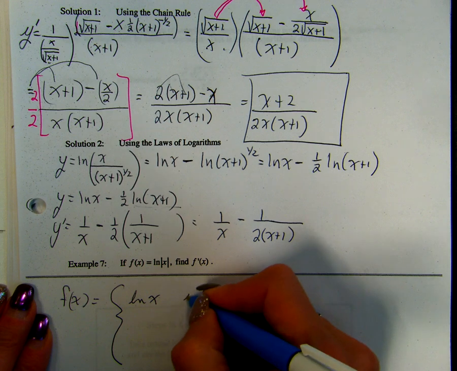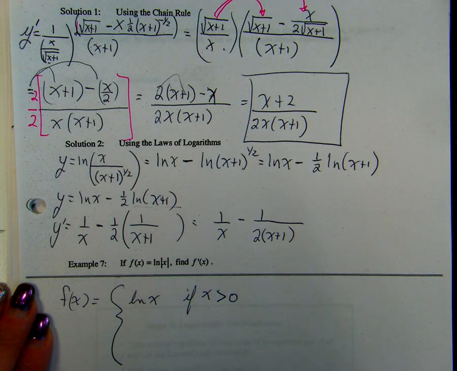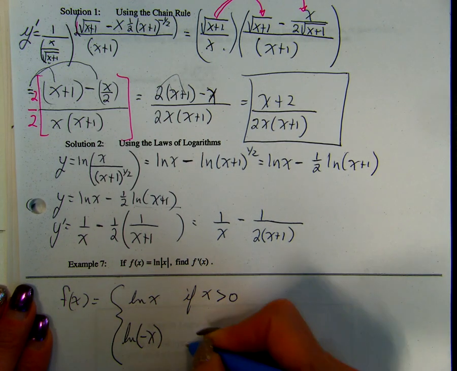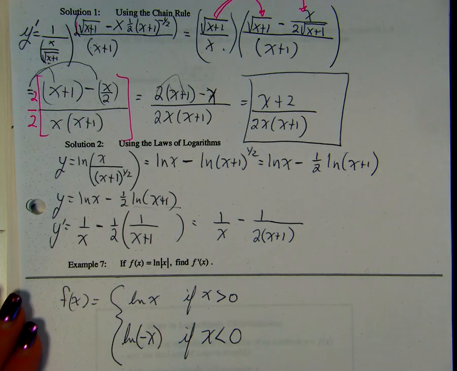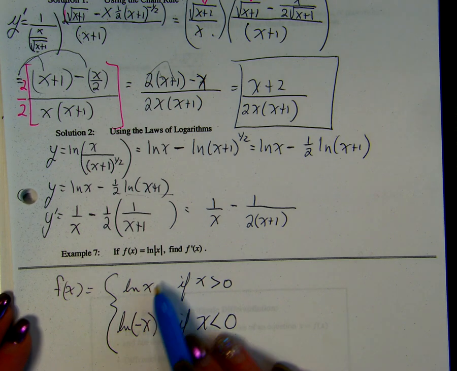Okay, so this would be the ln of x if x is greater than 0. And this would be the ln of negative x if x were less than 0. Of course, x can't be 0 because you can't take the ln of 0. Remember, it's a vertical asymptote.